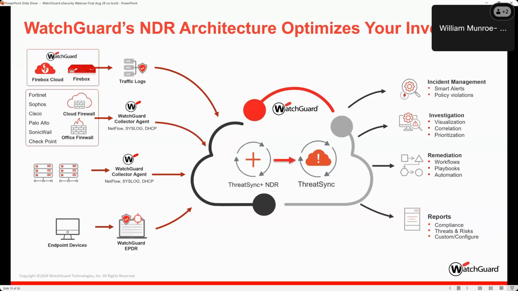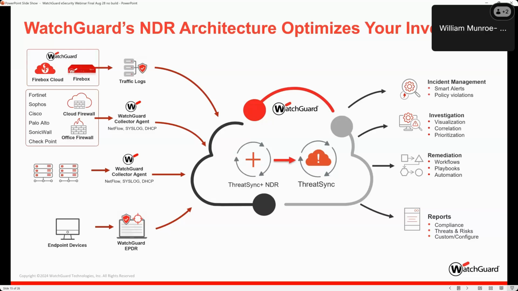It's going to also collect data from the different routers and switches that you have in your network to be able to look inside that environment. It does that through an agent collector that you can configure and pull that data up into the environment. And then, of course, if you have WatchGuard's EPDR or EDR solution, it's going to pull that data in also. In a future release, we will add other EDR tools.